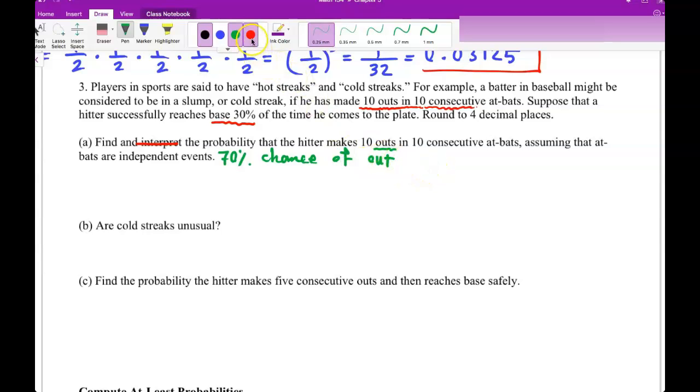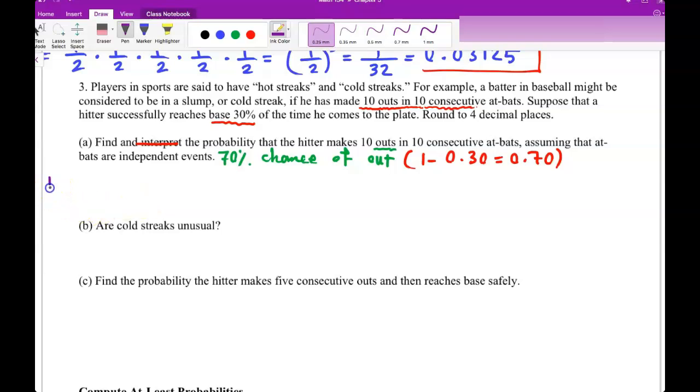How did we get that? This is 1 minus 30%, so that is 70%. So success was 30%, and based on that, failure is 70%, or in this case we used out.